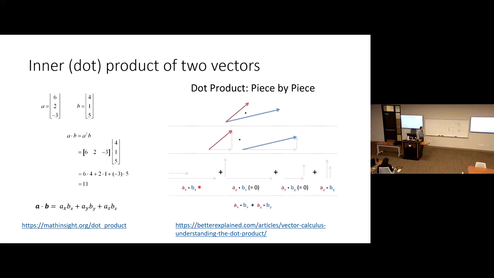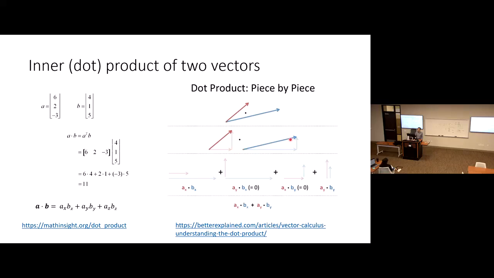Okay, for the dot product, you can consider this for the given coordinate system. This vector in red will be decomposed into two vectors. One goes in the x direction, and the other goes in the y direction.